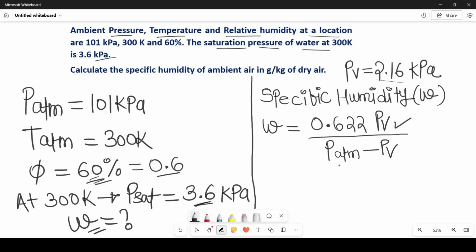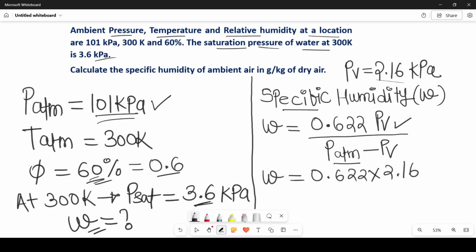We already know that total pressure or ambient pressure is 101 kilopascal, so we can calculate specific humidity now. Omega equals 0.622 multiplied by PV, which is 2.16 kilopascal, divided by ambient pressure 101 kilopascal minus PV, which is 2.16.